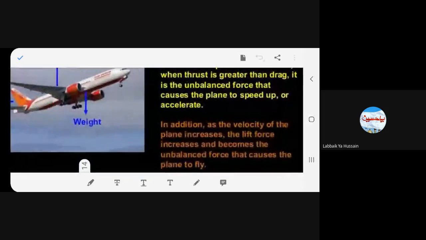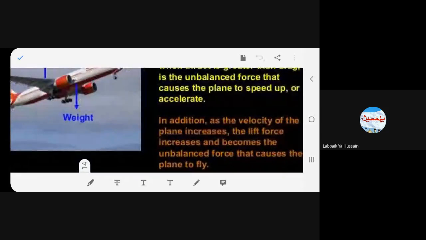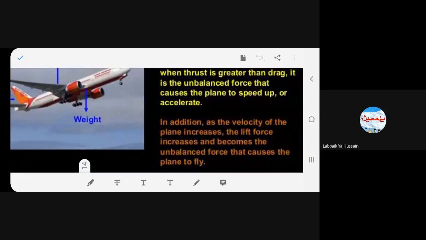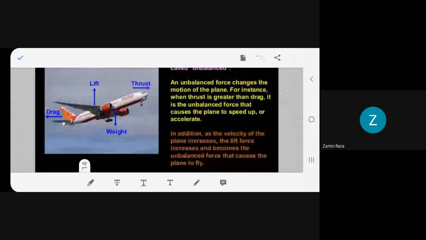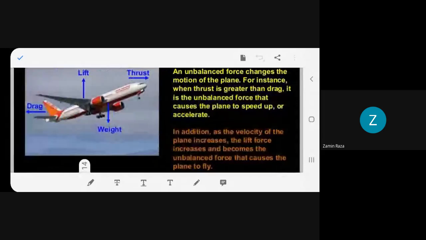Yes, but read the last stanza. In addition, as the velocity of the plane increases, the lift force increases and becomes the unbalanced force that causes the plane to fly.